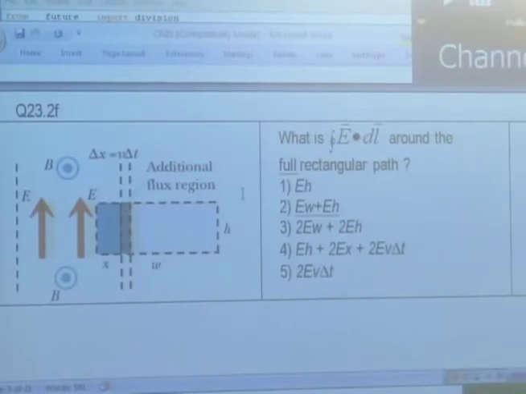So think about picking a direction. Remember, around a path you have to go clockwise or counterclockwise. You can just choose clockwise if you like, if that makes life easier for you. And think about what the value of E dot delta L summed up over each piece of this path is going to give you round trip.